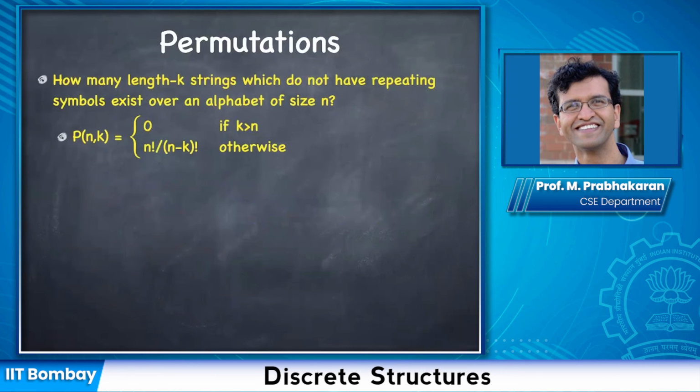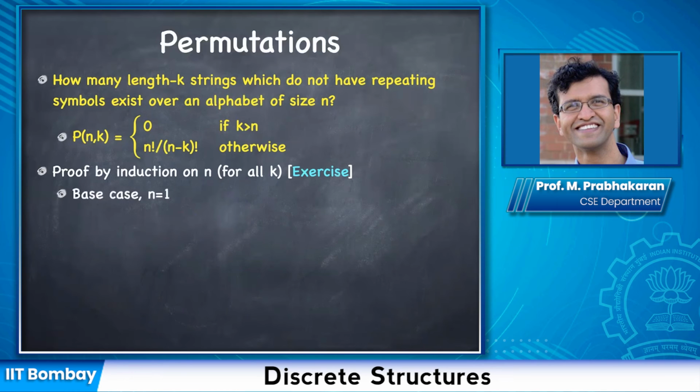So this is the claim for the number of permutations. How do you prove this? Again, you can use a simple inductive argument. This time it will be convenient to do induction on n. And for each n, you prove it for all values of k. So the base case would be n equal to 1.